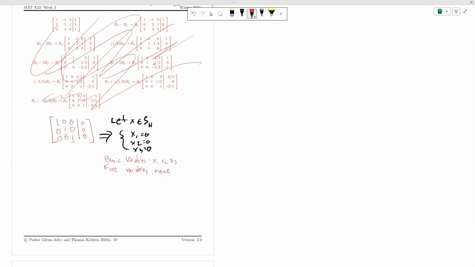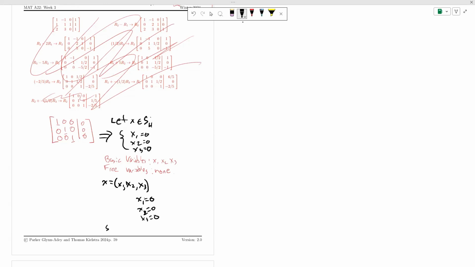Now, as x is in SH, x equals x1, x2, x3. I let my free variables be free, but I have none, so I'm done. So now I use the system of equations to set what my basic variables are: x1 equals 0, x2 equals 0, and x3 equals 0.